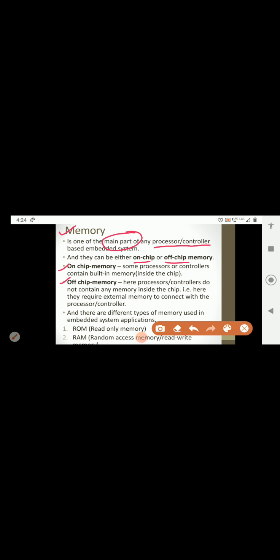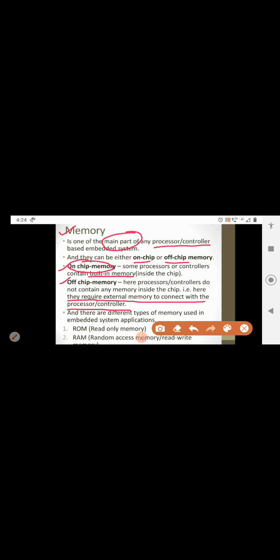If the processor or the controller contains a built-in memory, that is, the memory is inside the chip, then we call that on-chip memory. And if the processor or controller does not contain any memory inside the chip, it requires an external memory to connect with the processor or controller.